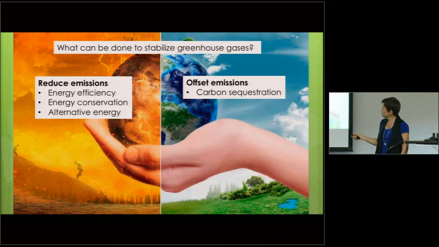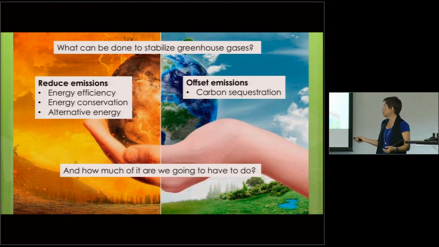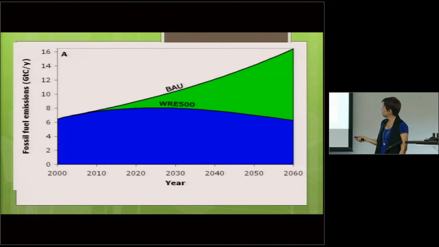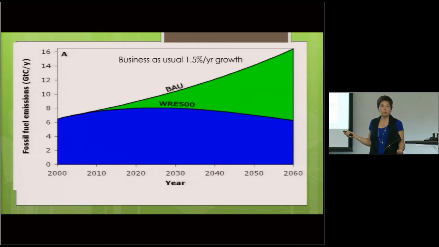So I'm going to talk a little bit about these alternative energies. And how much of this are we going to have to do to keep it below the 500 parts per million? So you may have seen graphs like this, in which this is fossil fuel emissions if we do the business as usual approach.